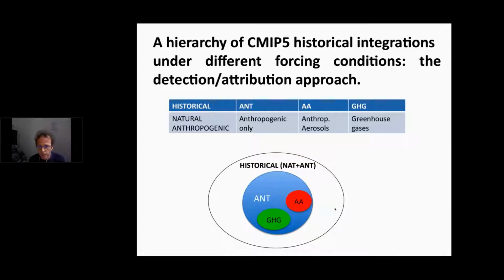By AA, we mean here anthropogenic aerosols, or individual single forcing using only greenhouse gases. This approach is very useful, and it is what we can do with models: we can gradually reduce the complexity of the experimental setup, and by reducing the number of forcings we can converge towards the possible drivers of a given phenomenon.